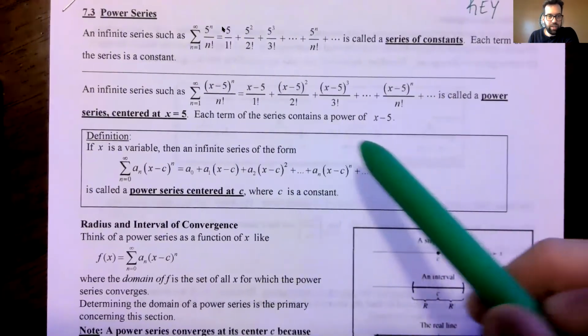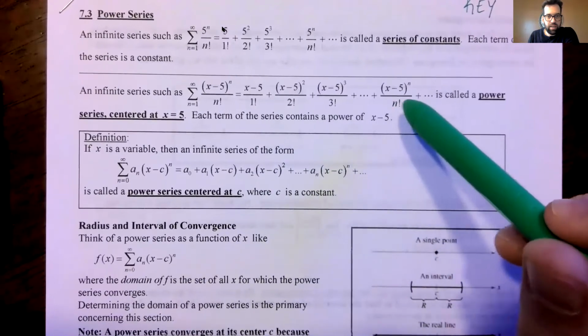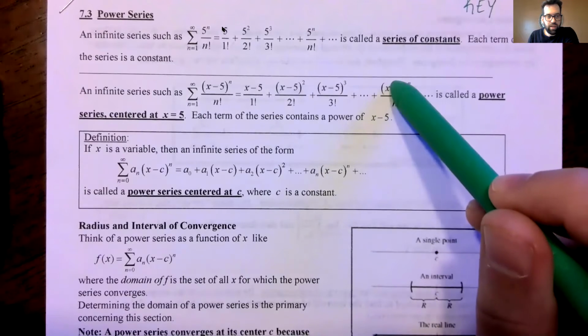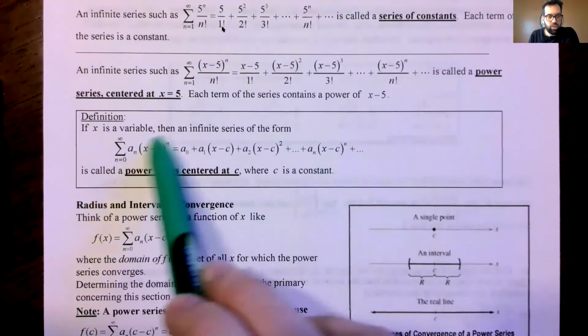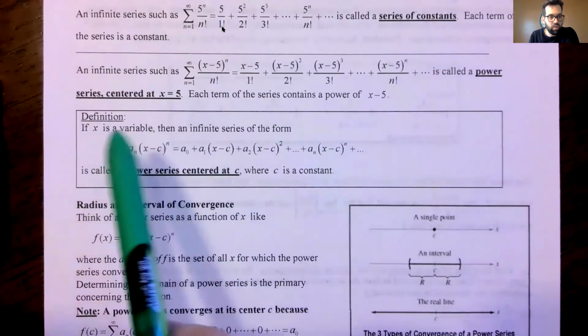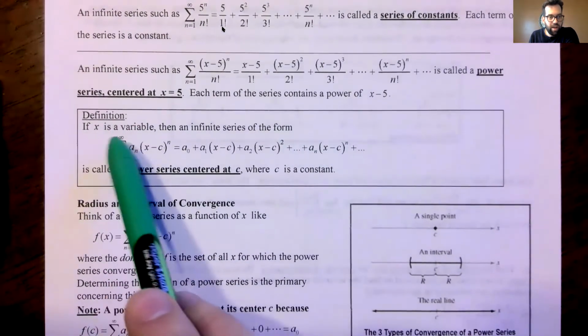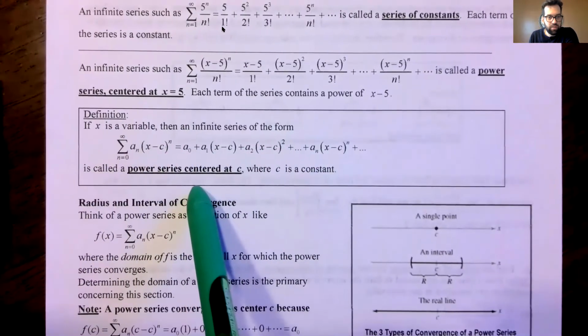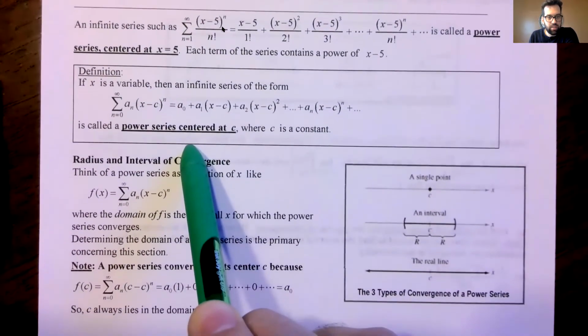And the new piece to this is that we can have a general term for our power series, which is listed right here. And that's what would show up in the series notation with the summation symbol. So the definition here is if x is a variable, then an infinite series in this form is called a power series centered at c, where c is a constant.